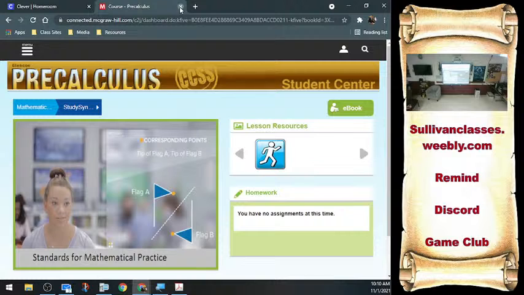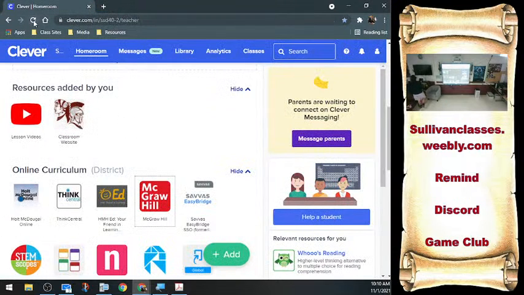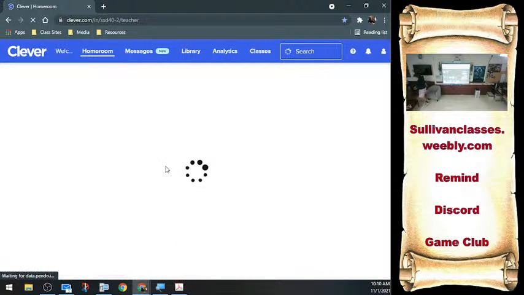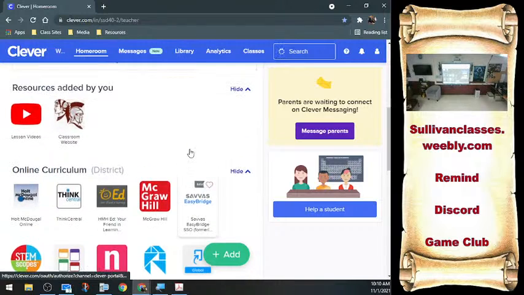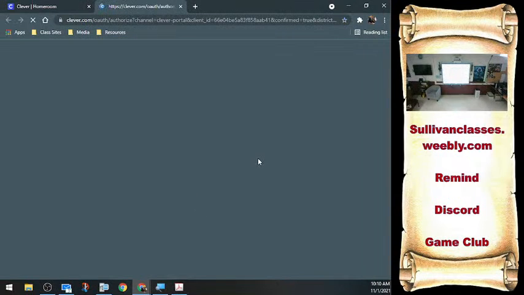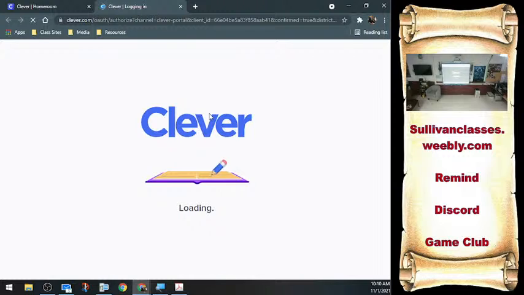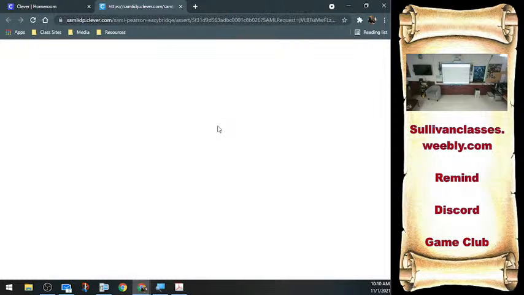Leave. Go away. Refresh. I mean, a single sign-in is great, but the interface between Clever and Pearson is not the greatest. Because Pearson is not the greatest.